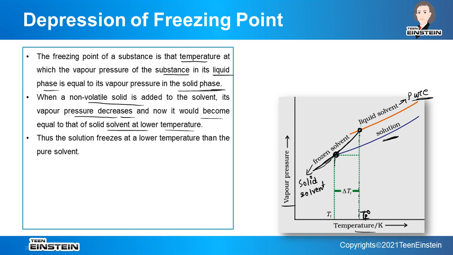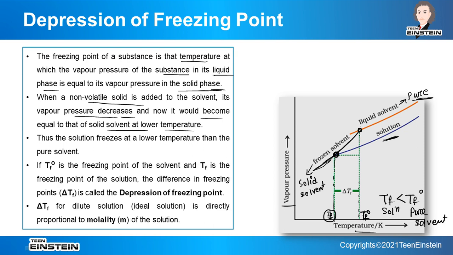If you draw a line down to the x-axis, you get a temperature Tf which is lesser than Tf naught. So Tf is lesser than Tf naught. This is for pure solvent, and this is for solution. From the graph, it is very clear that when we add solute, the freezing point will decrease.